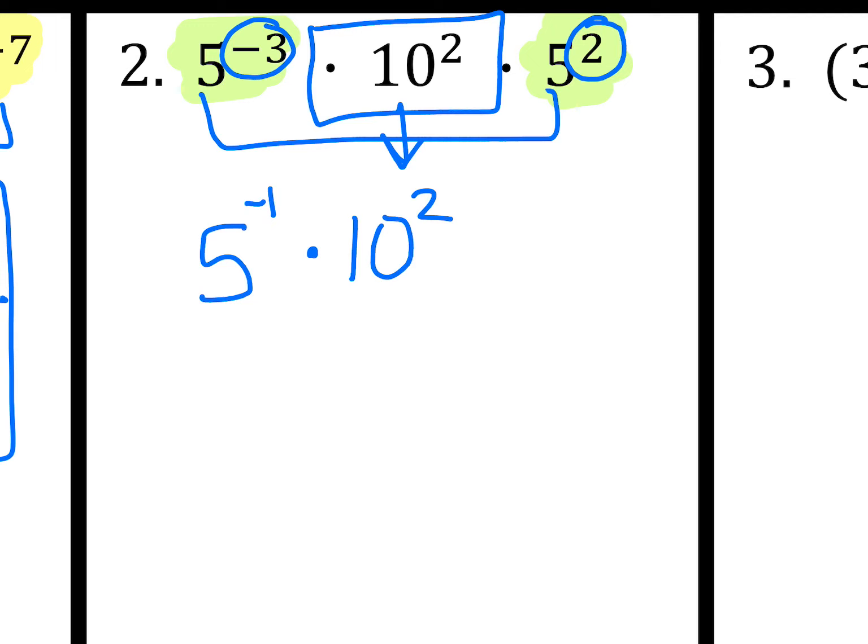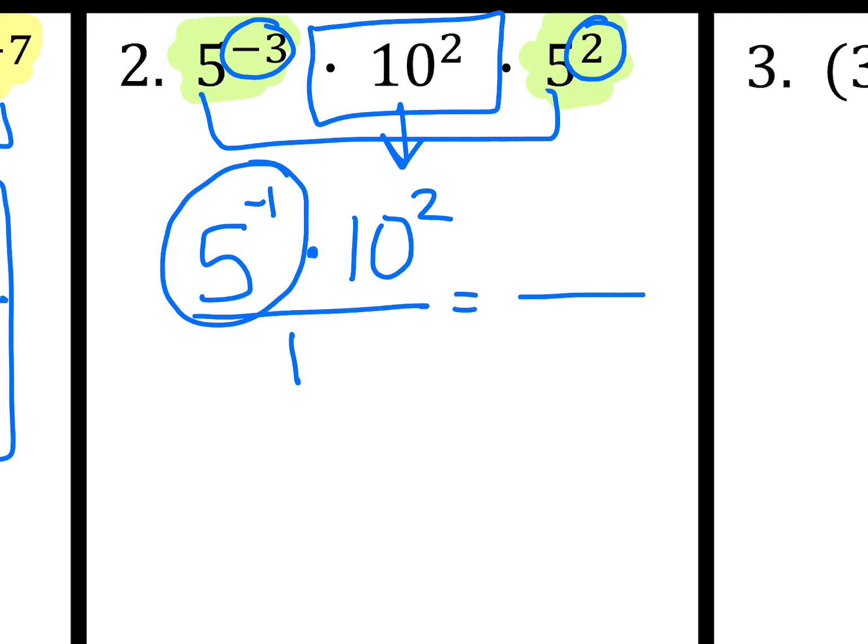Now let's handle our negative exponents. This is all invisibly over 1. 5 to the negative first. Does it stay or go? It goes to the bottom. I could put a 1 exponent there, but I'm not going to because I don't have to. 10 squared has a positive exponent, so it stays.